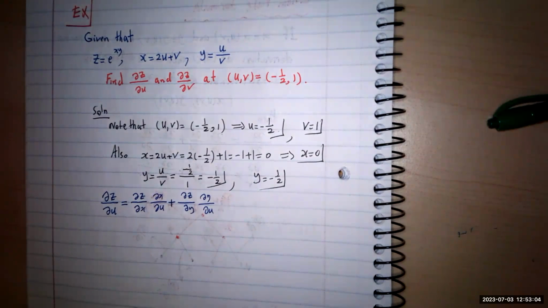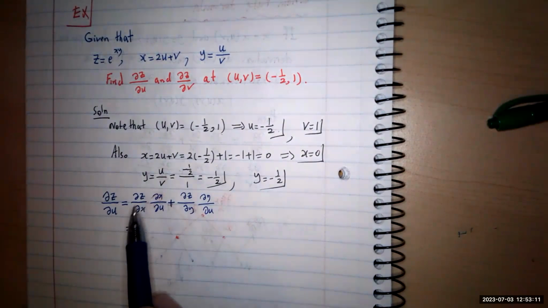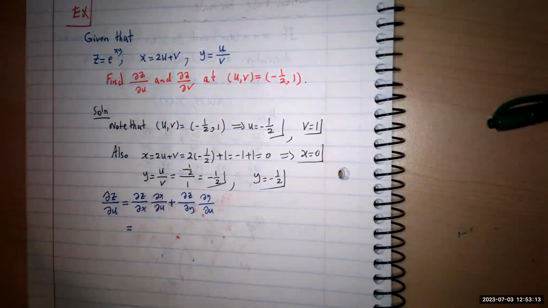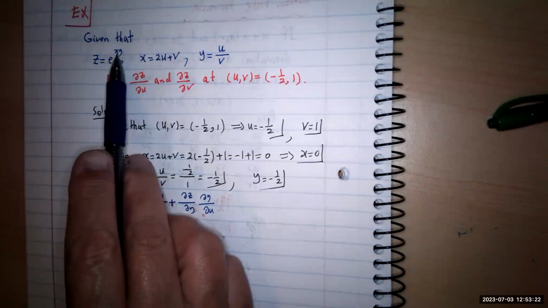Okay, now differentiate, then you substitute, then you're done. Equal to the derivative of z with respect to x. It is an exponential function, and you know the exponential function derivative stays the same, e to the xy, but you have to multiply by the derivative of the exponent.